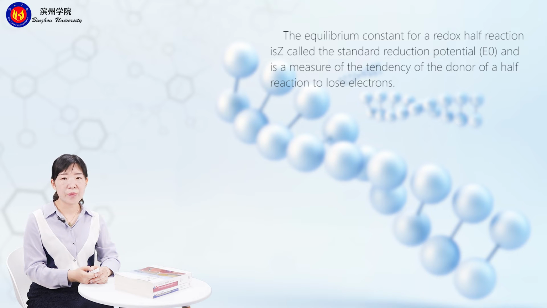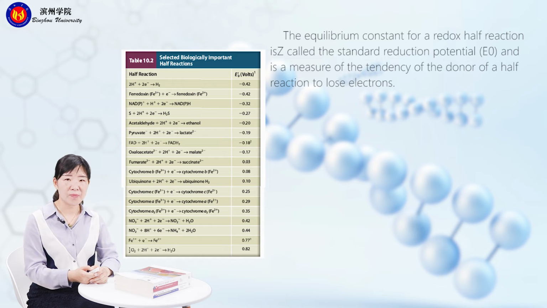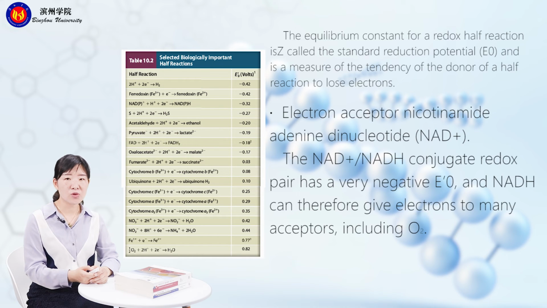The equilibrium constant for a redox half reaction is called the standard reduction potential and is a measure of the tendency of the donor of a half reaction to lose electrons. Look at this picture. Electron acceptor.